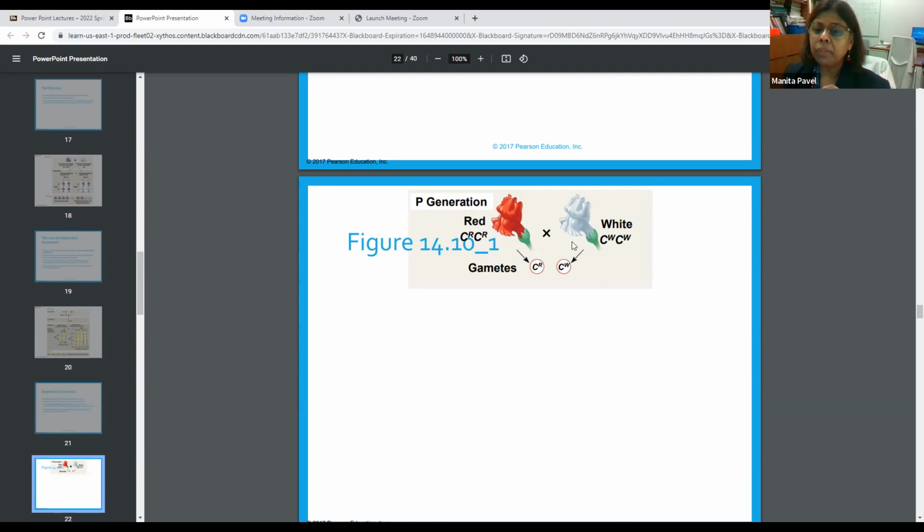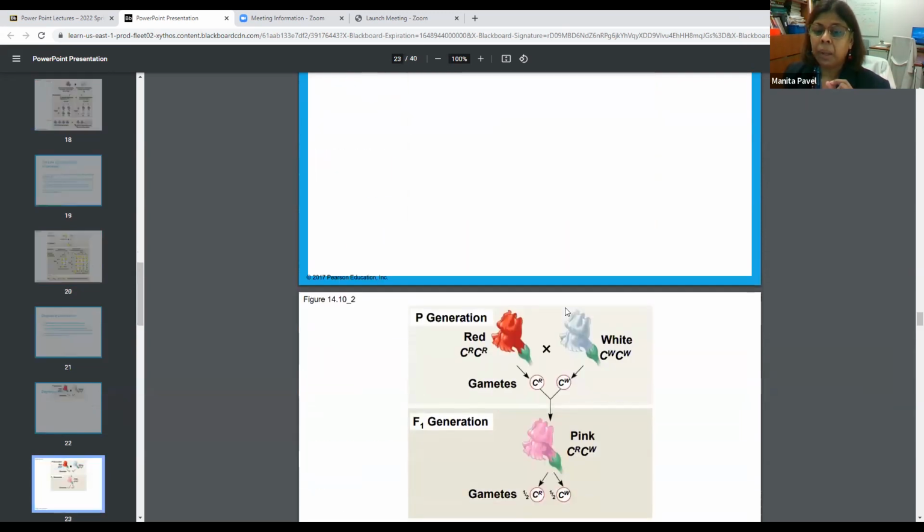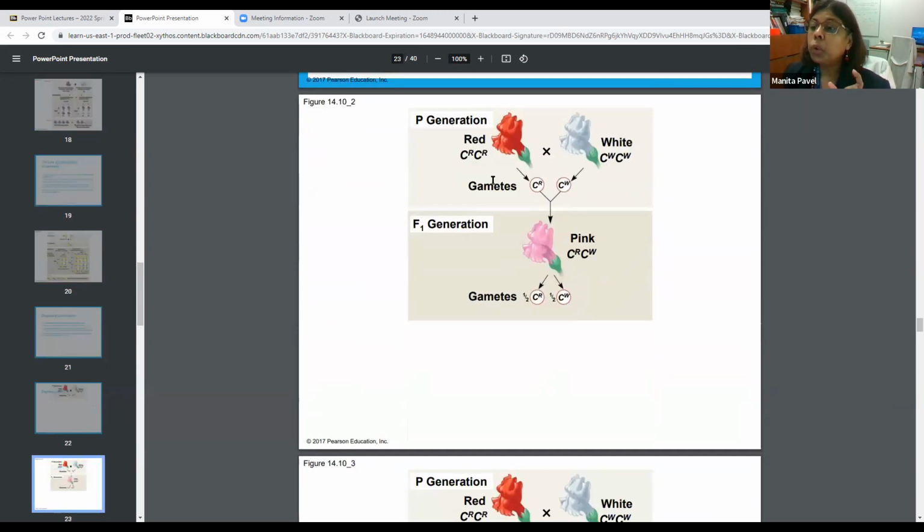So you underline one from each pair. And so what do the gametes have? Capital CR, capital CW. Each gamete would have CR or CW; male gamete, female gamete would also have CR or CW.